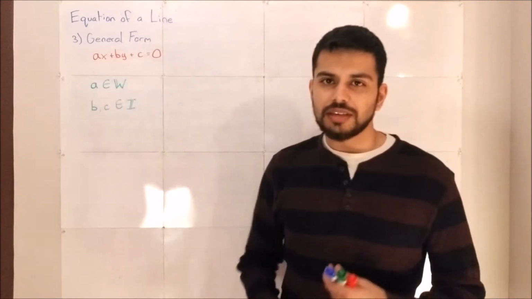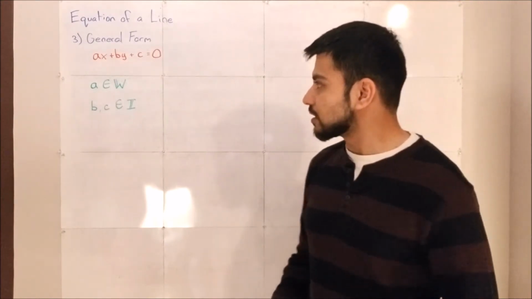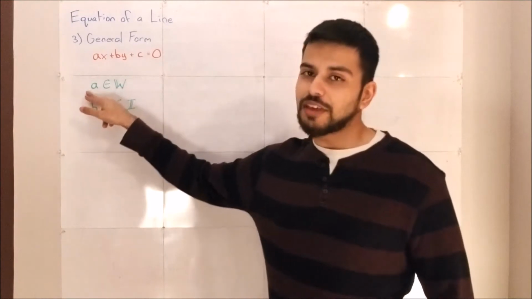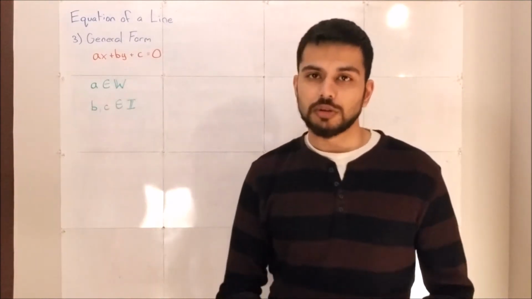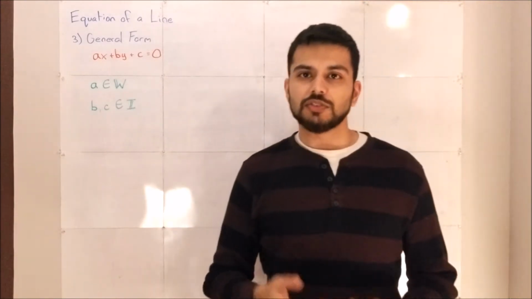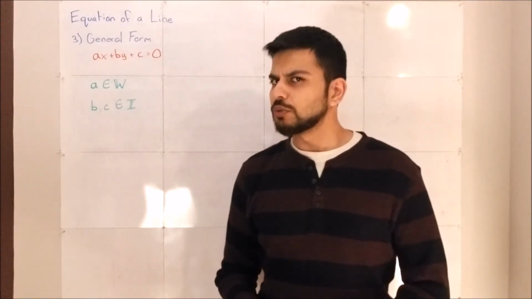This weird looking E sort of symbol, it's a rounded E. It stands for element. And it means that anytime you have A, it must be a certain value. This W with a double line at the beginning stands for whole numbers. Do you remember what whole numbers are?